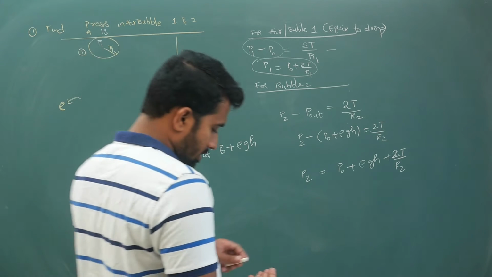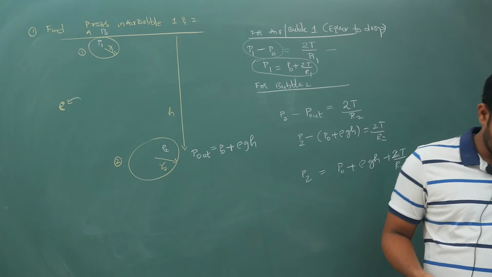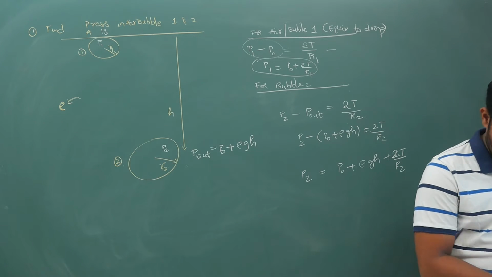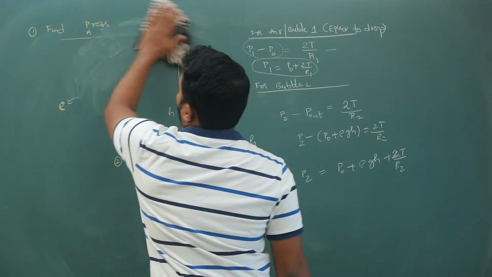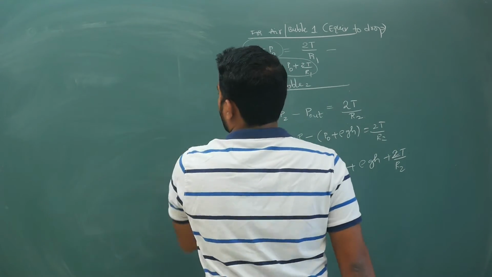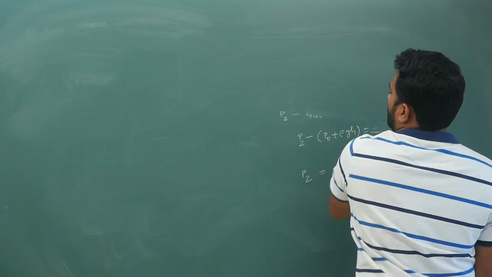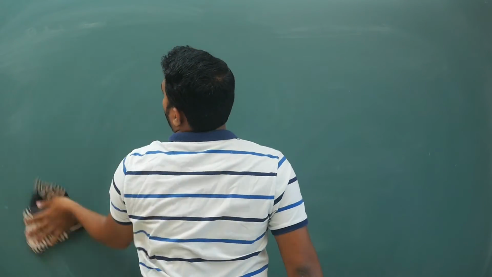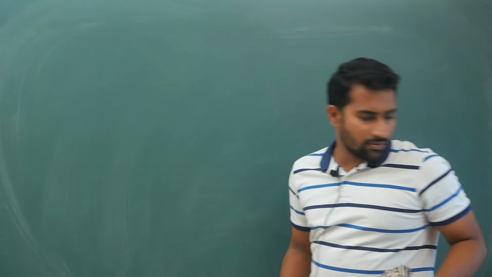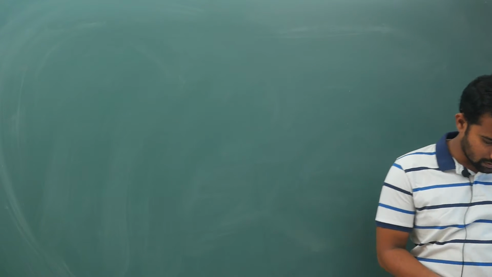Okay, right. Your next question is, you have two limbs of a capillary tube. If you have two limbs, I will tell you what is to be done.